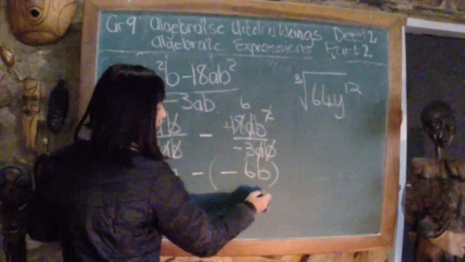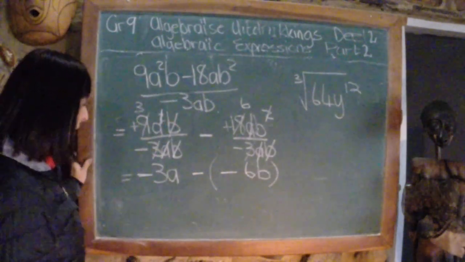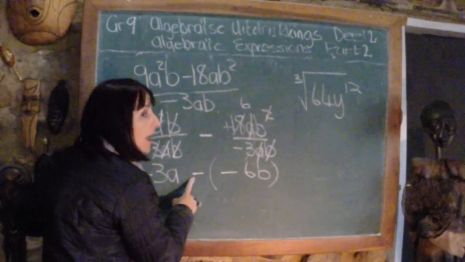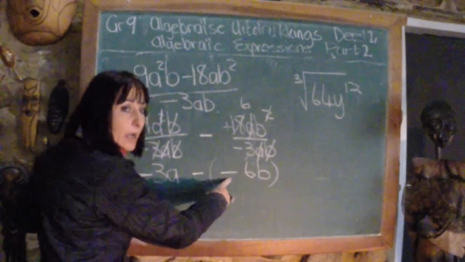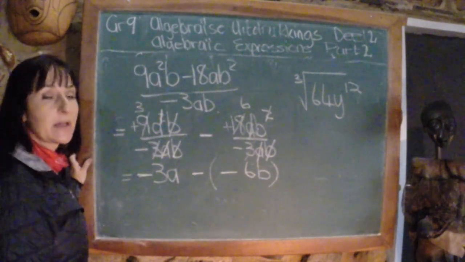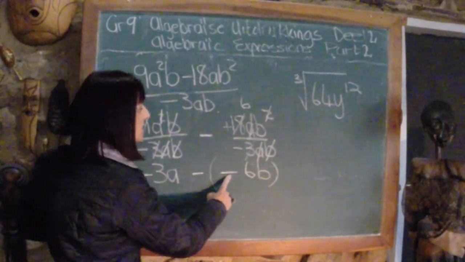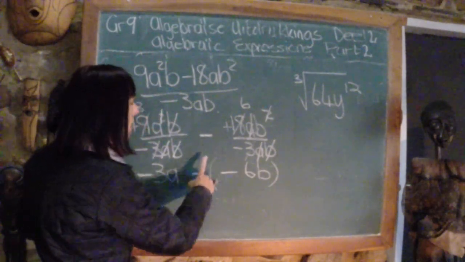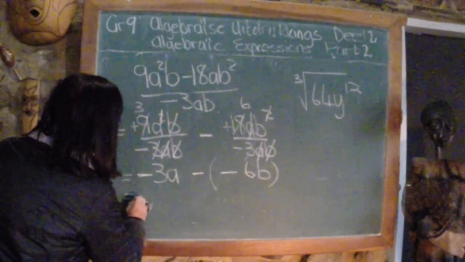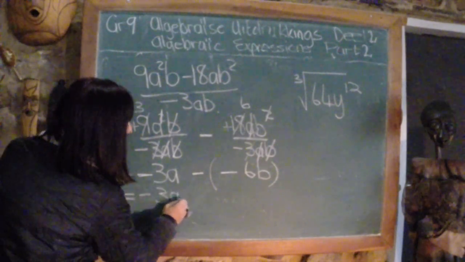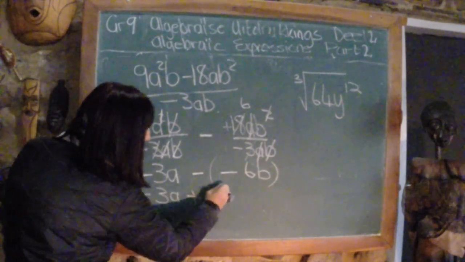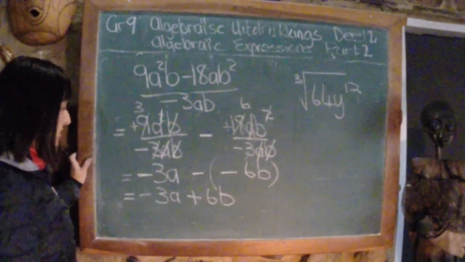So now I've got minus 6b. When there's a minus next to a minus, it means multiplication, and a minus times a minus gives us a plus. A minus next to a minus gives a plus.